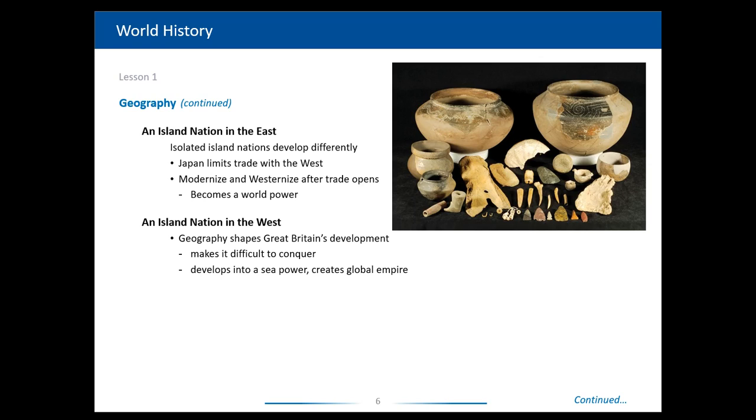But if you look to the west and you look at Great Britain, for example, they developed after the connection with ancient Rome. So these two places were islands, but they developed differently, and one became a superpower before the other because of location, culture, and other aspects, which we will get into later.